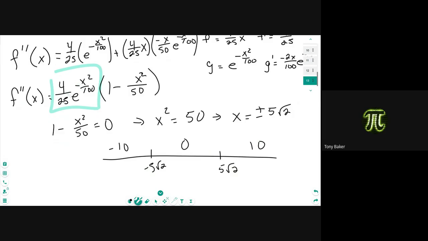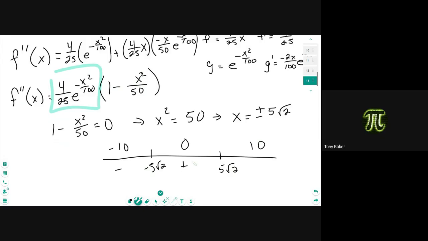That'll always be positive. If I plug in negative 10 here, we have 1 minus 2, which is negative. If I plug in 0, I get 1.